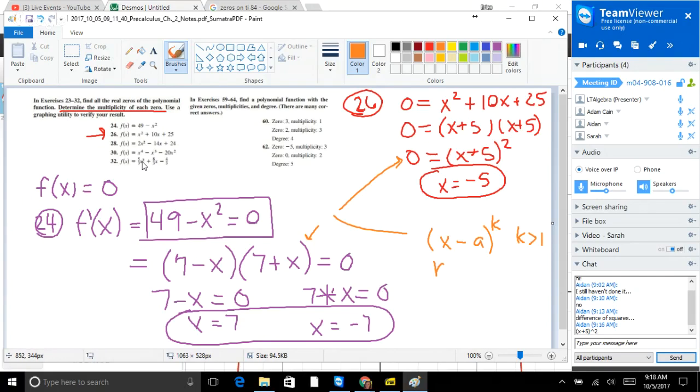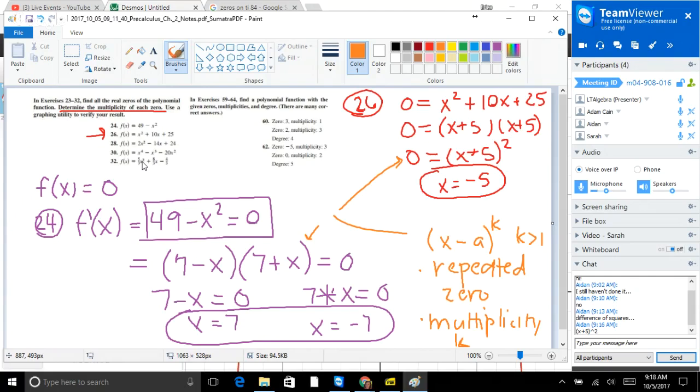Okay? So this is called a repeated 0 or a multiplicity k. All right, so now let's translate this into English.